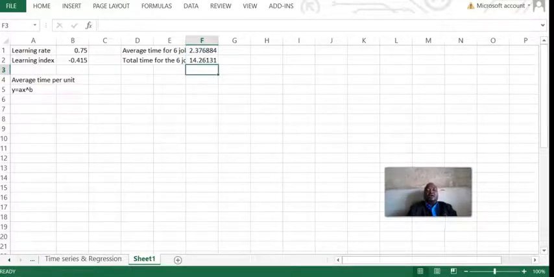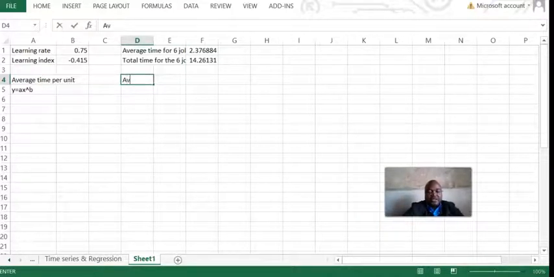And then we just have to determine the average time taken for 5 jobs.